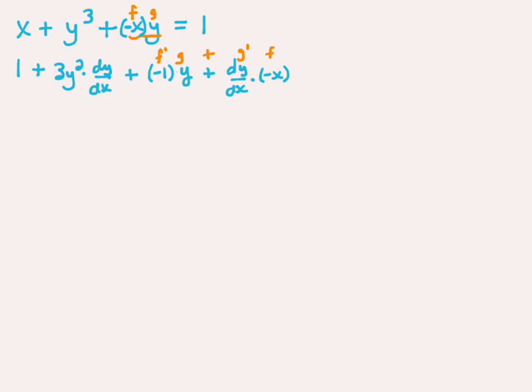Now to finish out our derivative, remember we need to take a derivative of that 1 on the other side. And so the derivative of 1 is equal to 0. Okay, so now I'm looking at 4 terms here on the left side of this equation. 2 of those terms have a dy/dx and 2 of them do not. And I still want to solve for dy/dx.